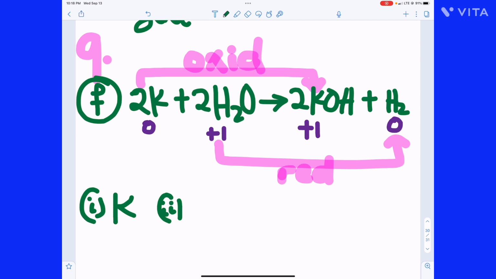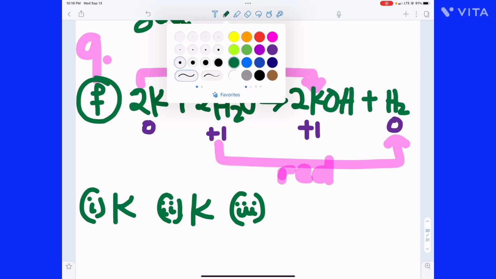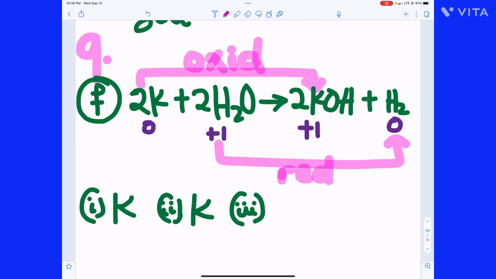Roman number 2. What is the reducing agent? The reducing agent is the substance oxidized. So the reducing agent is potassium. Also, it says what substance is reduced. Okay, reduction took place with water. Reduction took place with hydrogen, in water.